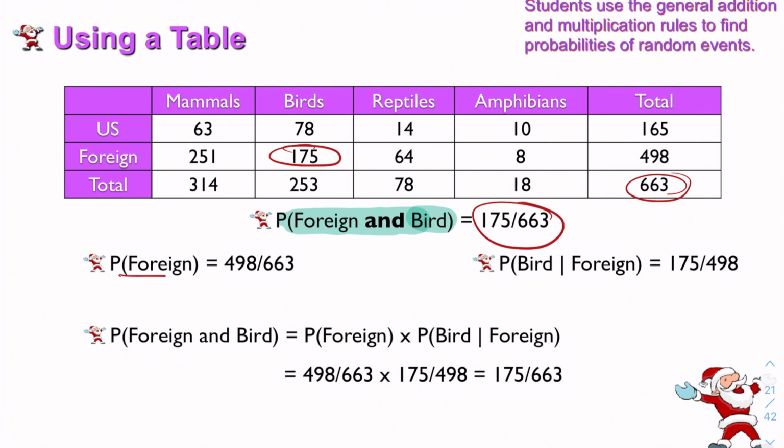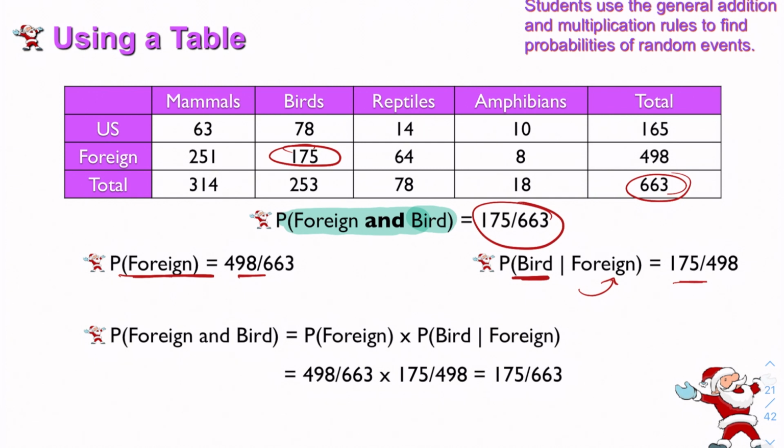We know the probability of being foreign is 498 over 663. And we know that they're not independent because there's some influence. We know the probability of bird given foreign is 175 over 498.